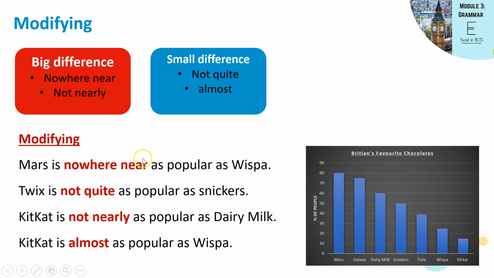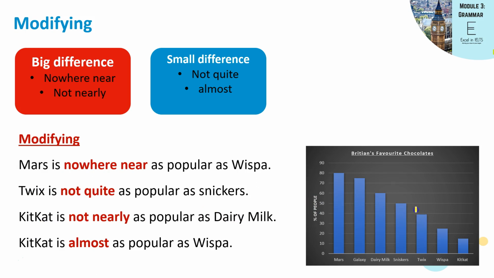Mars is nowhere near as popular as Whisper. So Mars is at 80 and Whisper is at around 25. So there's a huge difference between these two. Twix is not quite as popular as Snickers. So Snickers and Twix is a small difference between the two.